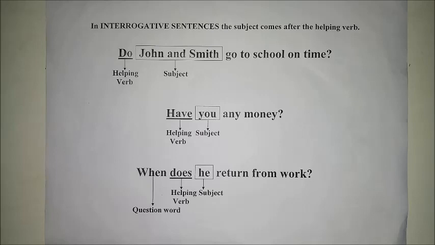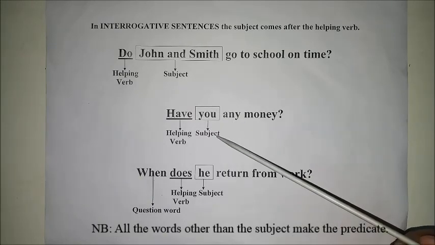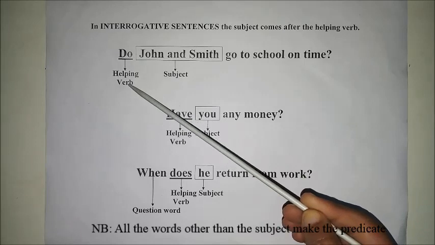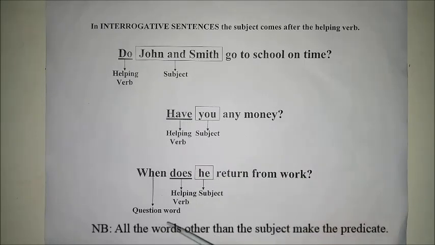From this, we can conclude that the interrogative sentences do not start with the subject. They start either with the helping verb or with the question word and the helping verb.